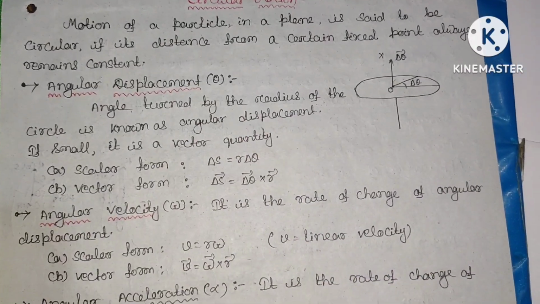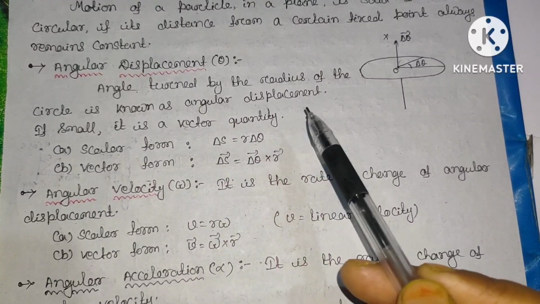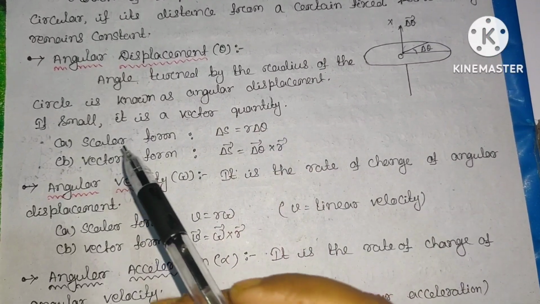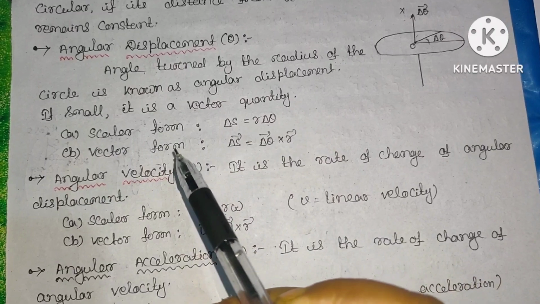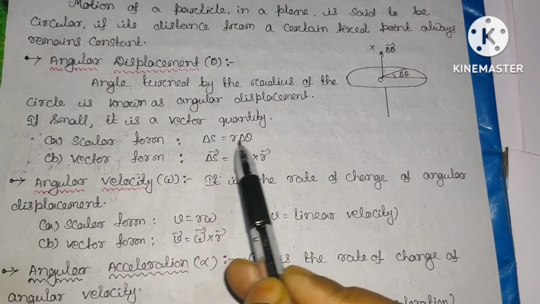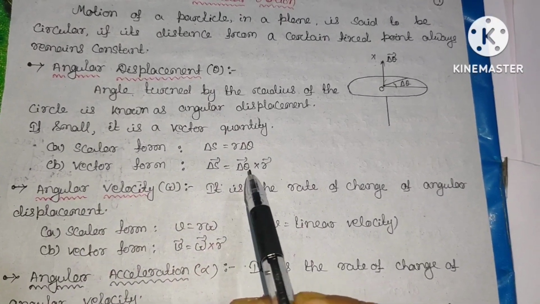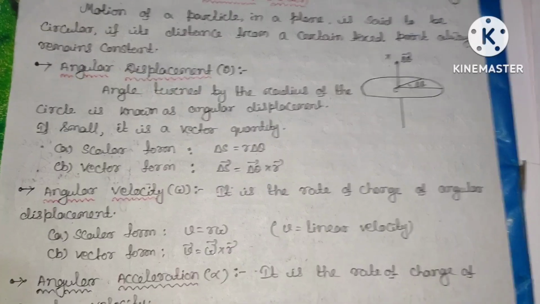So what is angular displacement? The angle turned by the radius of the circle is known as the angular displacement. If it is small, then it is a vector quantity. In scalar form, it is del S equal to r del theta, and in vector form, del S vector equal to del theta cross r vector.